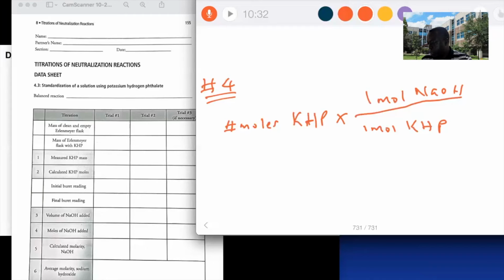This is the mole ratio, and then you're gonna have XX moles of NaOH. This is just a setup on how you will determine the number of moles of NaOH in line 4.